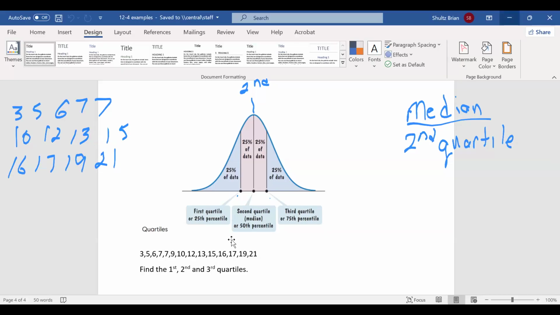Remember, we are going to go to stat, edit, and I'm going to clear this out. Clear, enter. Then I'm going to put in my values that I have over here to the right.